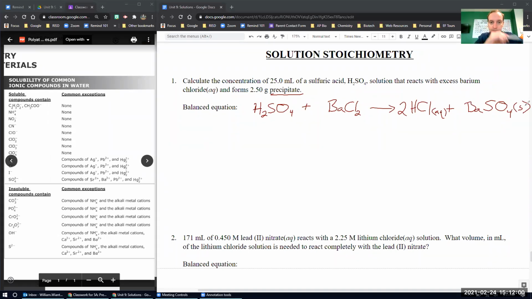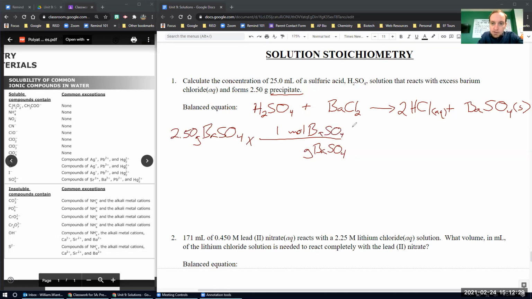Now, going back to the question, what we have, of course, is 2.5 grams of precipitate. What precipitate? Barium sulfate. Again, because we found that by the solubility rules. So what I'm going to do is put the mass of barium sulfate down here, use the periodic table for the molar mass, and convert into moles of barium sulfate.